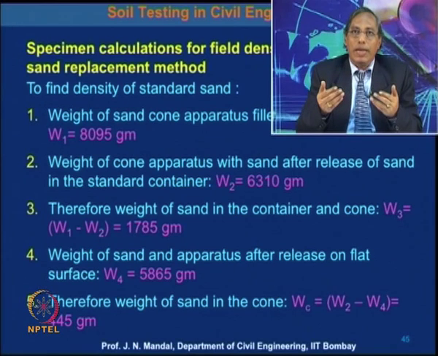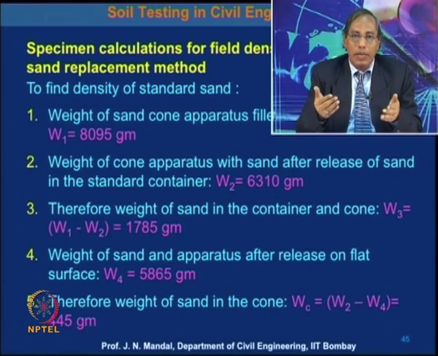Then the weight of the sand and apparatus after release on a flat surface, that is W4, is equal to 5865 gram. So, the weight of the sand in the cone, G, is equal to W2 minus W4, which is equal to 445 gram.